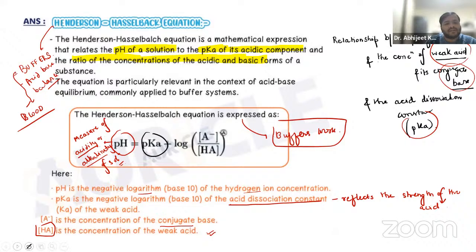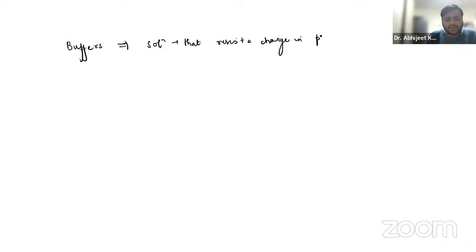When I say buffers, guys, a buffer is a solution that resists a change in pH when a small amount of acid or base is added.